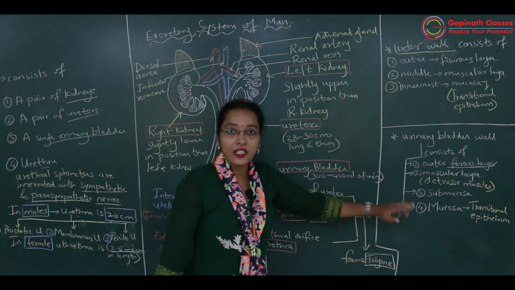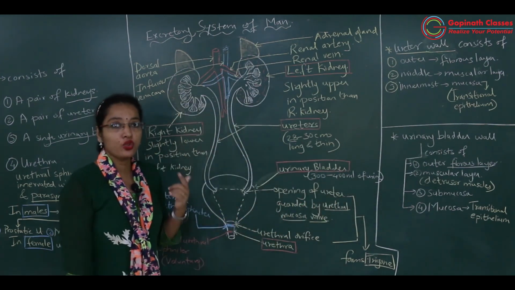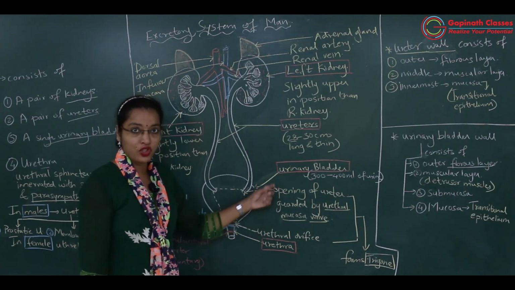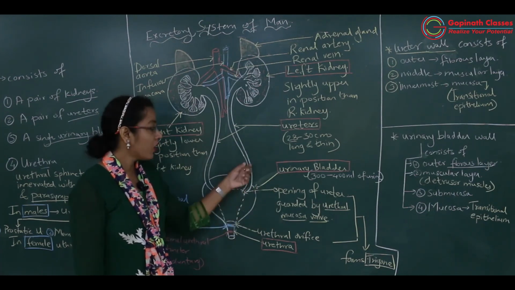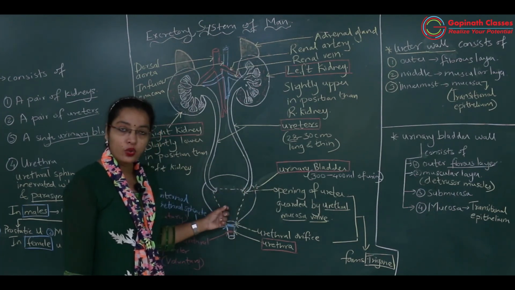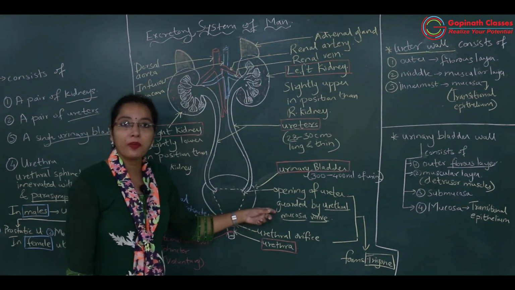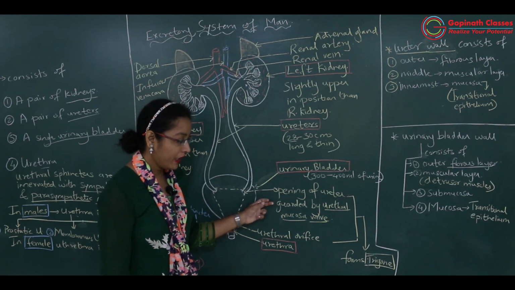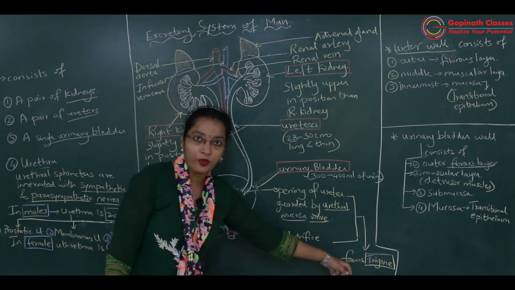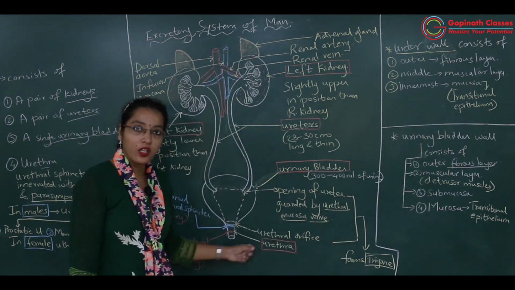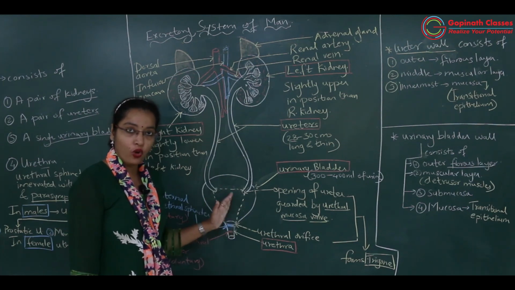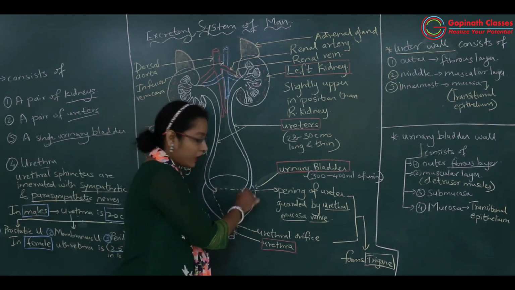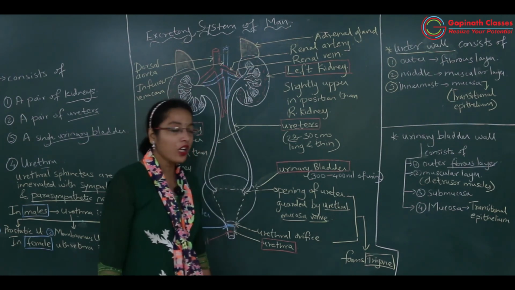So why transitional epithelium is there? You should know the reason behind that. Then which are the walls which are bringing the urine towards the urinary bladder? Walls का काम क्या रहता है and why they are present? You have to remember that. Then what is trigone? Trigone is triangular structure which is formed because of opening of 2 ureters and single urethral orifice.